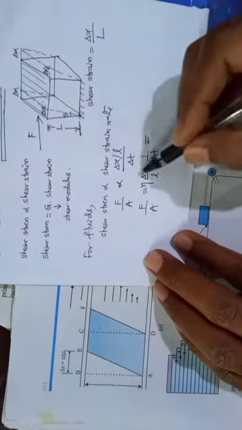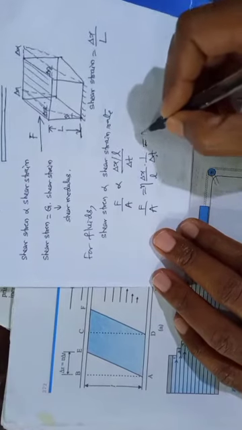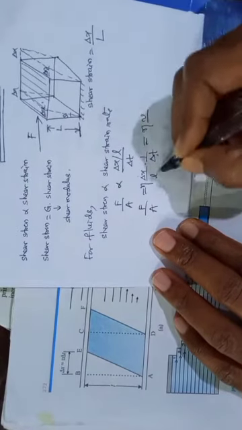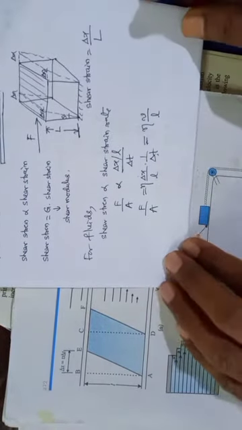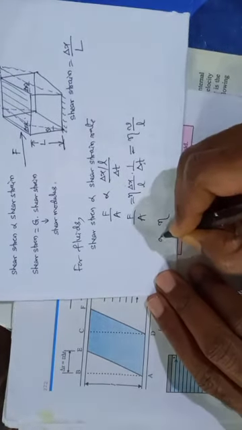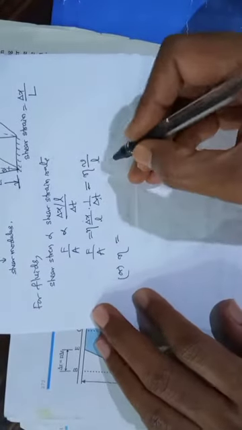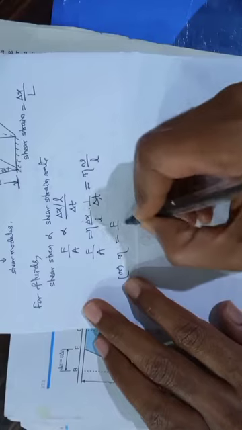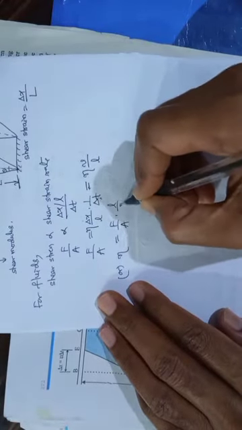So delta x by delta t is V, giving F by A equals eta V by L. Now let us make eta the subject: eta is equal to F by A into L by V.